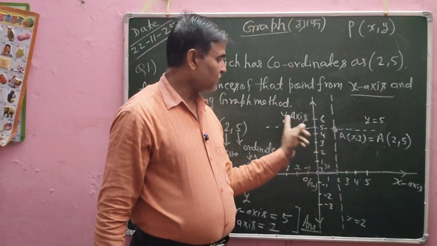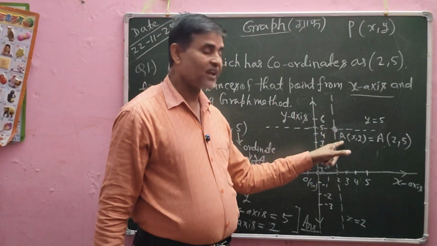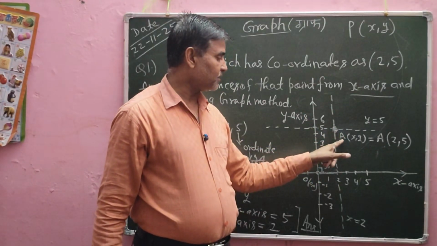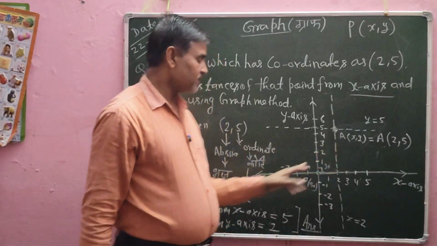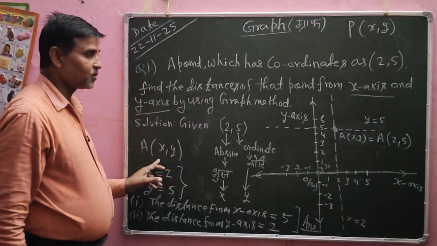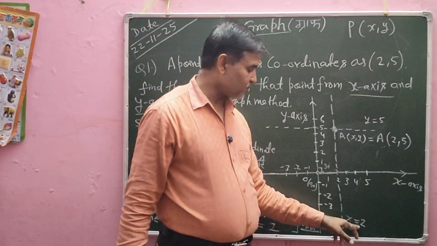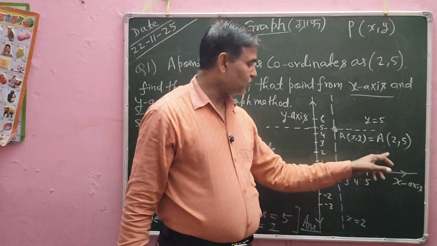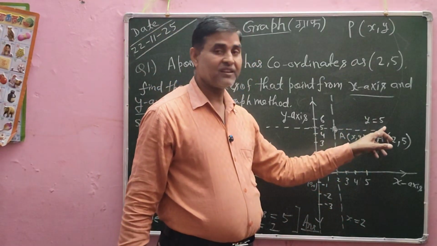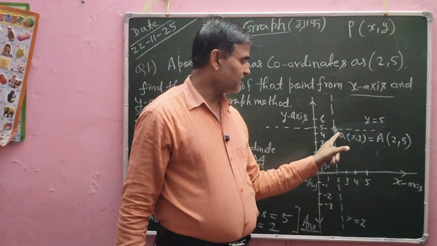These two lines intersect at a point, which I have named A, with general coordinates x comma y. The value of x is 2 and the value of y is 5. So this is the point.